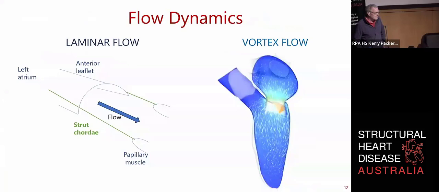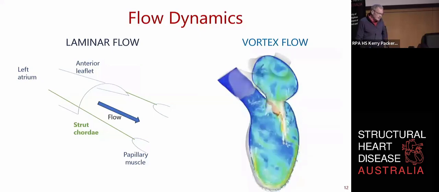And this might explain why mitral annular calcification circumferentially at the base of the anterior leaflet will cause mitral stenosis. But the extension of aortic calcification as a ridge down the top of the anterior leaflet does not appear to cause mitral stenosis.